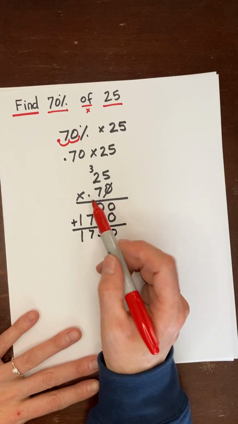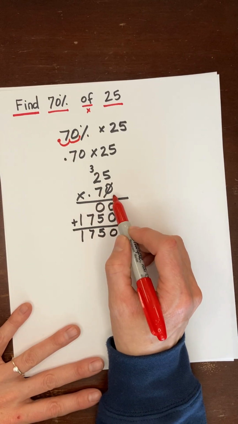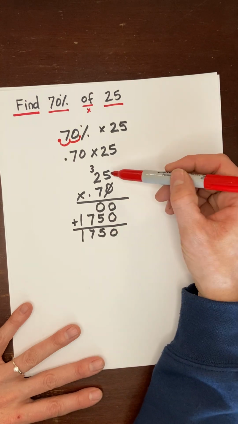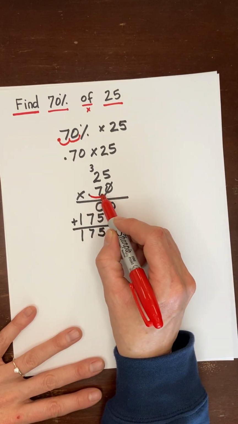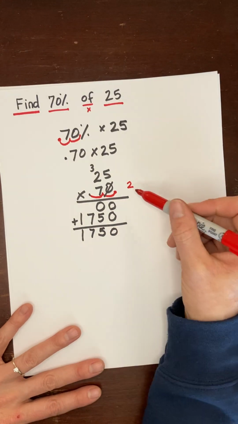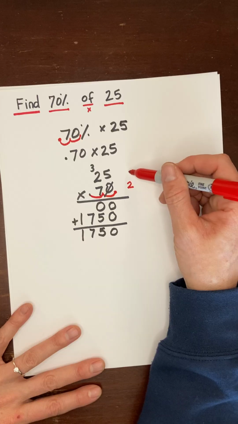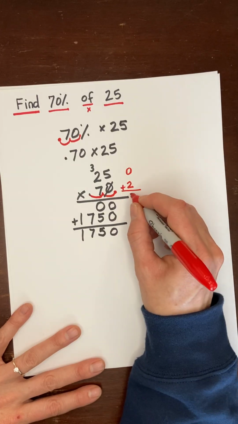Now the last thing I have to do is deal with this decimal place. How this works is we count how many decimal places we have in each of our numbers. Our first number does not have any decimal places. Our second one does, however. Let's count 1, 2. So this has 2 decimal places. If the first one had decimal places, we would add them together, but it doesn't, so we just have 2.